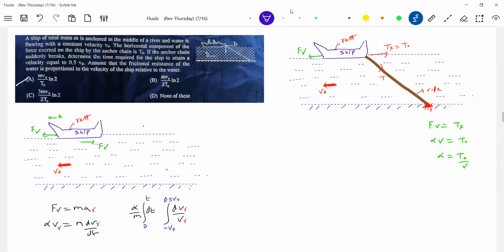Okay, I'll do one thing, let me proceed. If I get something, time should not be negative. Alpha t by m is equal to minus log of 0.5 V naught minus log of minus V naught.